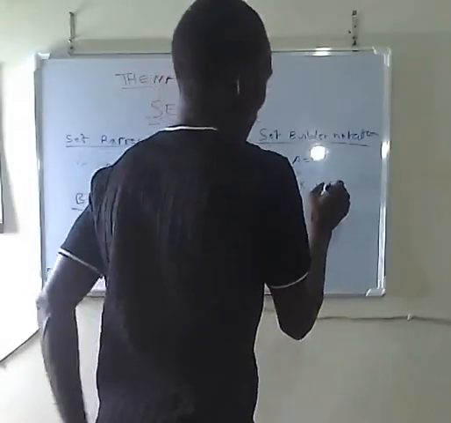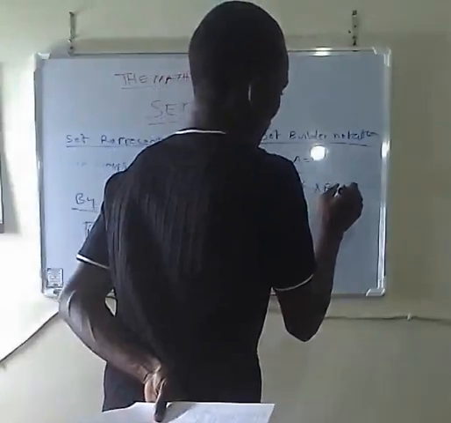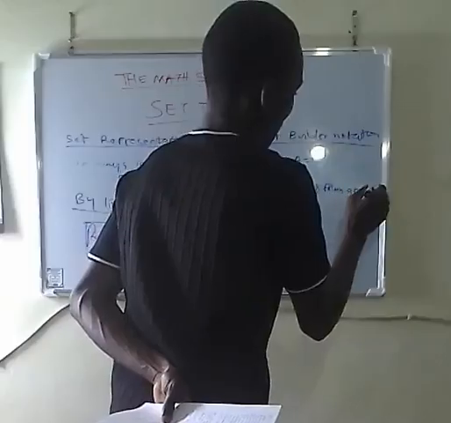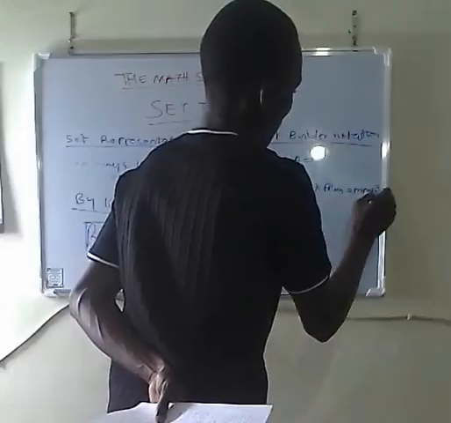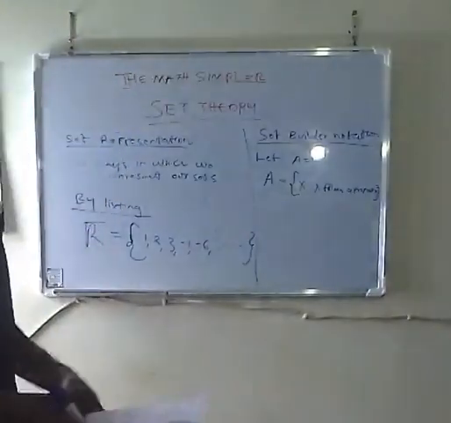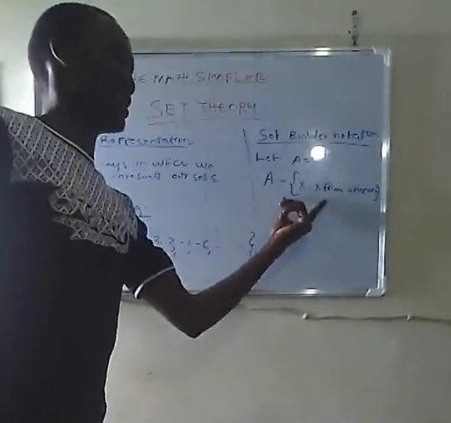For example, it means the set A has elements x such that those elements follow a particular property.